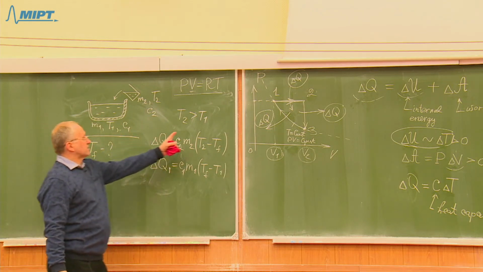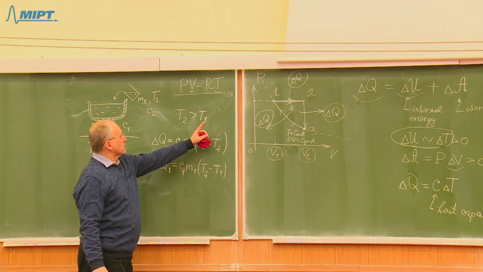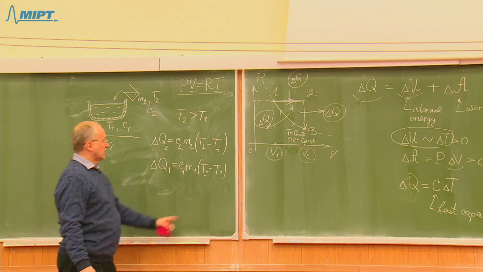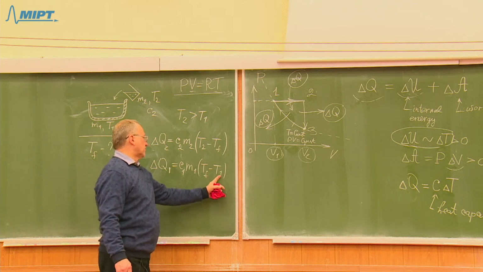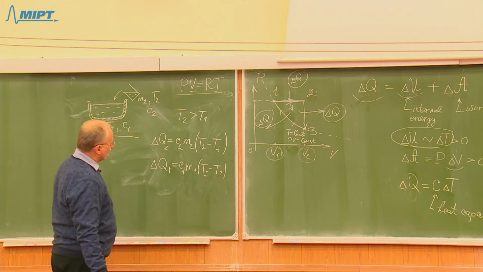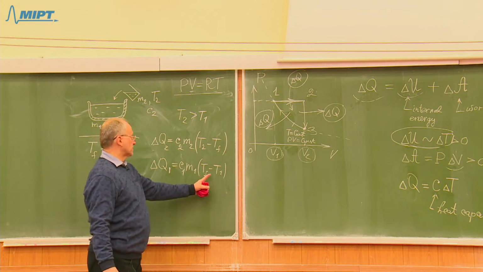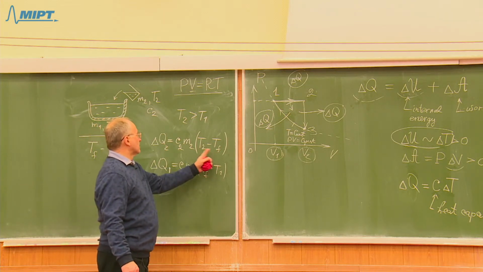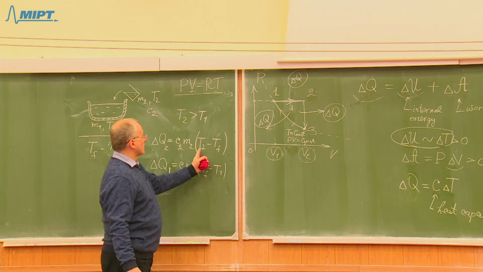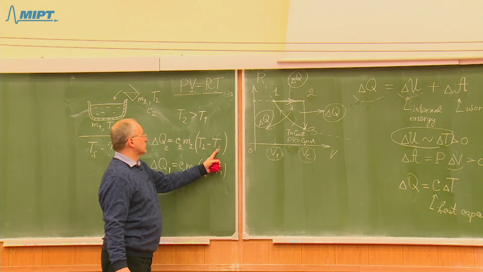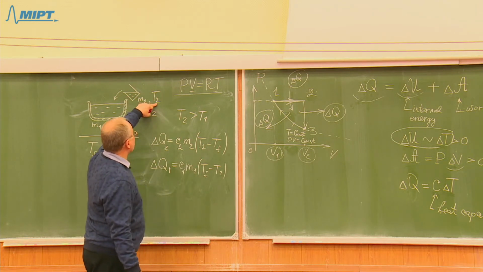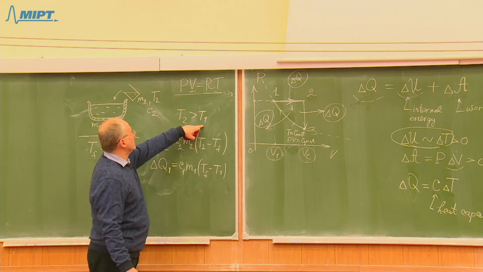It's obvious that the first liquid, whose original temperature was T1, must be heated to increase its temperature to some final temperature. So this difference in temperatures will be positive: final temperature Tf is larger than the initial temperature. And here I take the difference as initial temperature minus final, because I know beforehand that the final temperature will be smaller than the initial temperature.